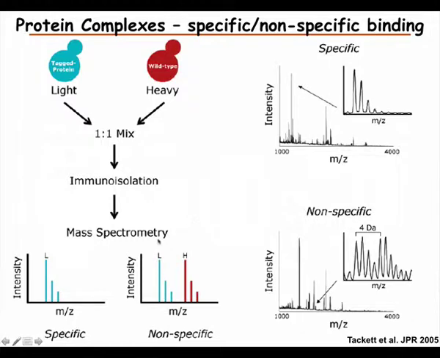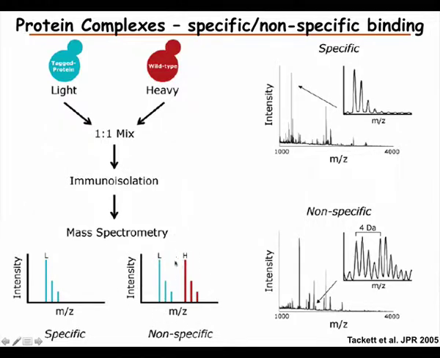So this works very well. There's one main issue with this: if you have fast exchanging proteins that, during the time of the immunoisolation, will go in and out of the protein complex, those will also show up as non-specific.